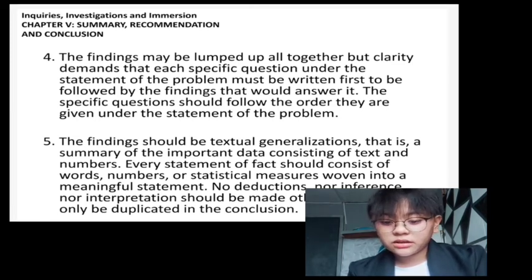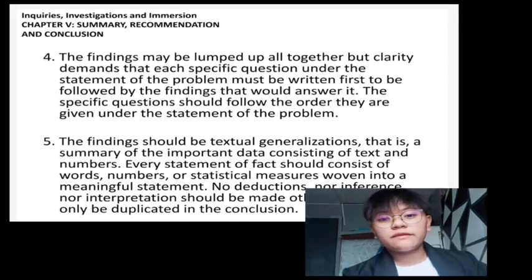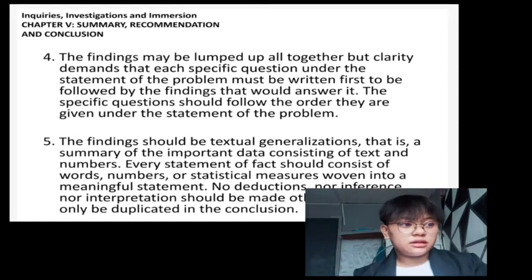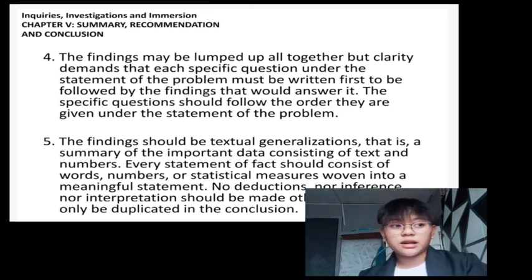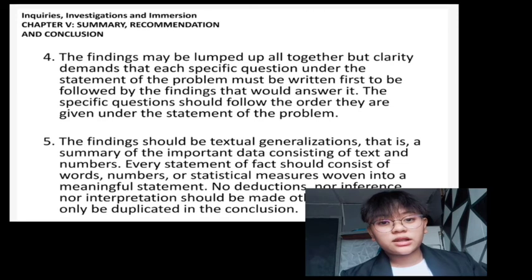Every statement of fact should consist of words, numbers, or statistical measures woven into a meaningful statement. No deduction, inference, or interpretation should be made, otherwise it will only duplicate the conclusion. Summary of findings is nagpapakita ng pangunahing impormasyon tungkol sa pinakamahalagang resulta ng inyong paper.